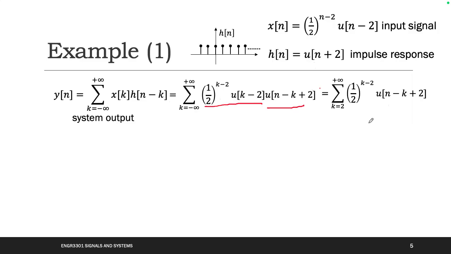Actually, I talked about this in last class. Why does this equation equal this equation? Because you can see one term disappears. What is u[n minus 2]?